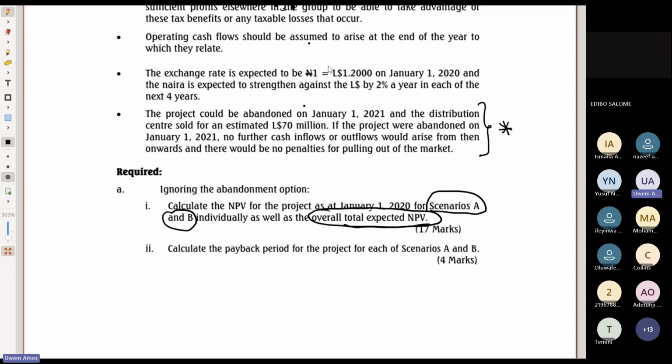The second method, which is the very clear and easy one, is to say, can we determine what our performance is in Linda or the foreign country? Can we determine or compute our NPV in the foreign country? And then we move the value into our home country and compute what the final NPV is.